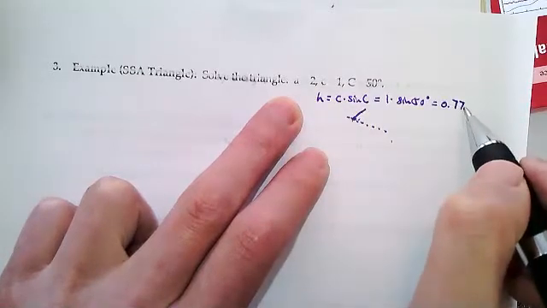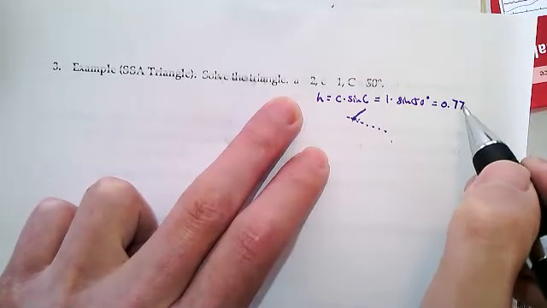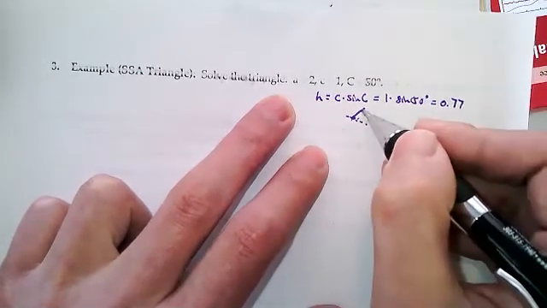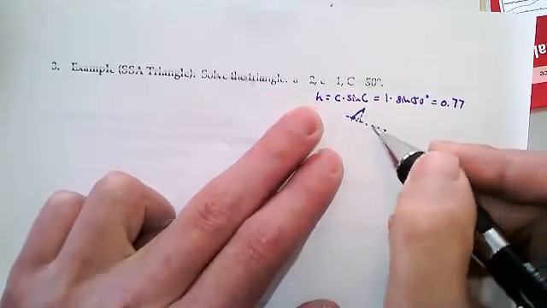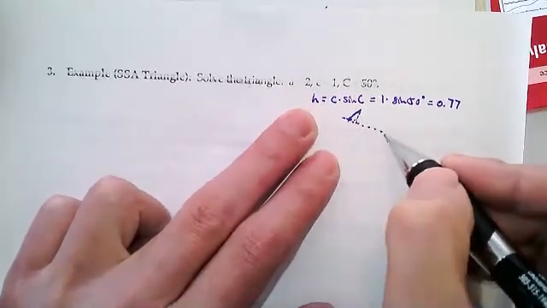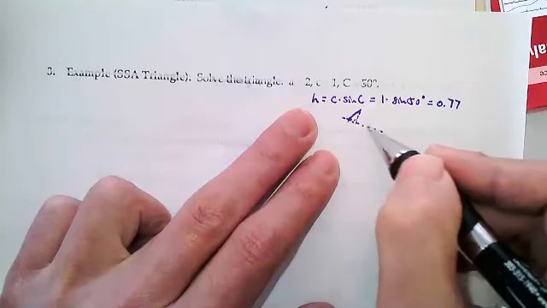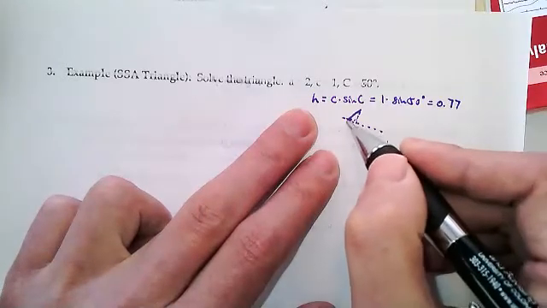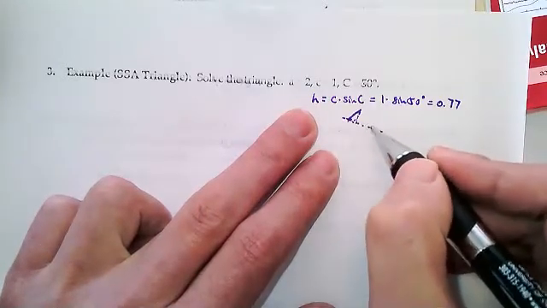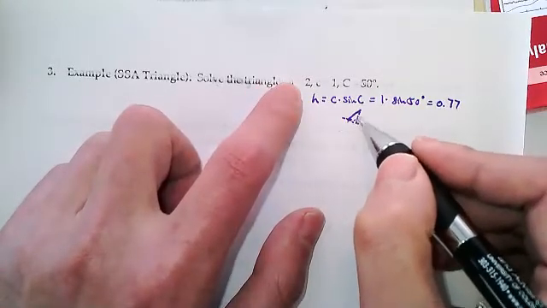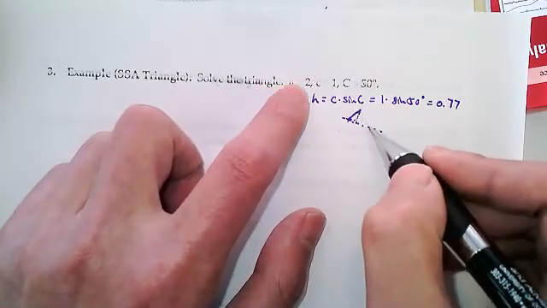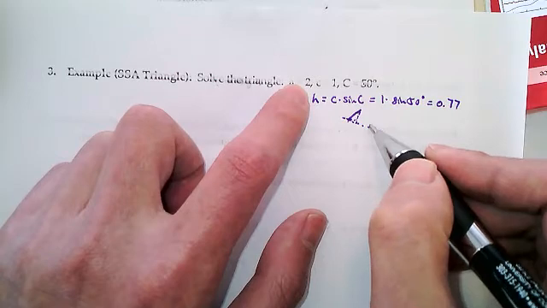So the height is just 0.77. This is the height. And these are the possible points where you can choose on the other side. So you need to find a, whose length is 2, to make a triangle.